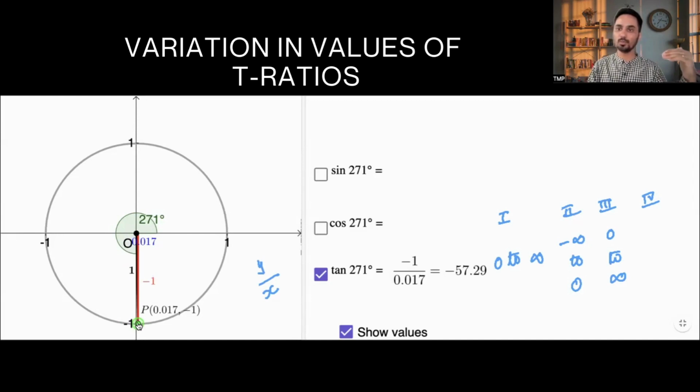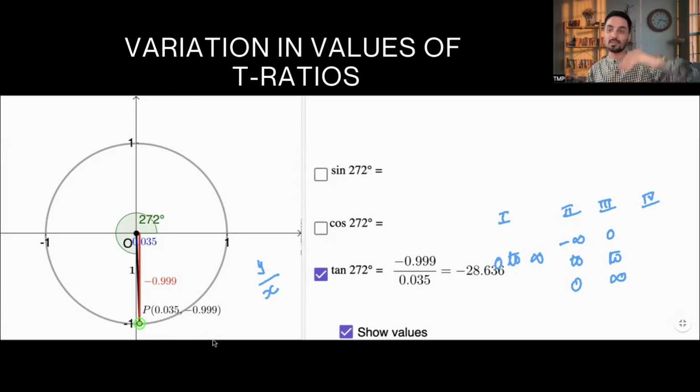Last, when you move from 270 degrees towards 360 degrees, when you are just above 270 degrees, like 271, 272, you see that the value of y is largely negative and x is positive in this case in fourth quadrant. Therefore, the value of tan is largely negative.